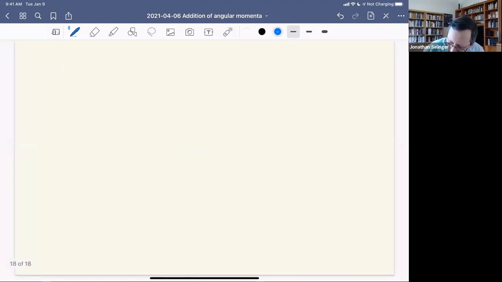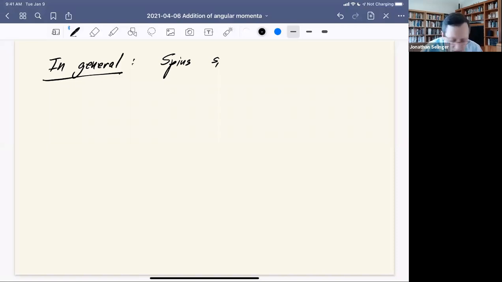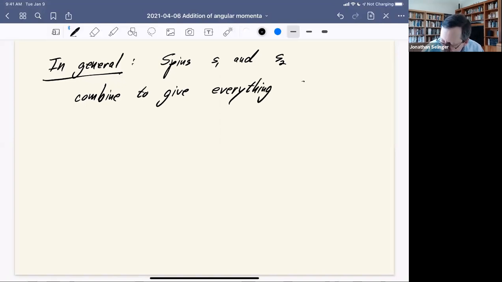So following the same principles, we'll say, in general, if we have spins S1 and S2, they combine to give everything from S1 plus S2 down to the absolute value of S1 minus S2 in integer steps.